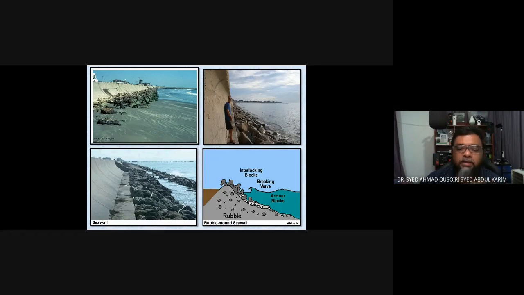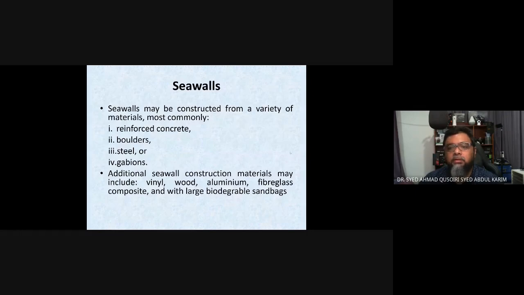So this is to protect the seawall from the big waves that can damage the seawall itself. So in terms of material, normally they are reinforced concrete, which has had some admixture added so that it will last in the environment of salty seawater.